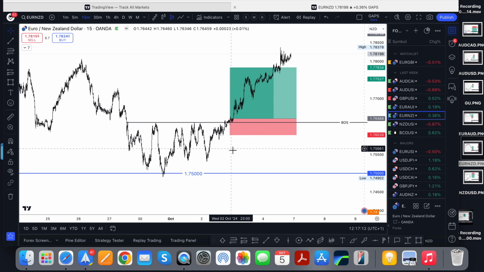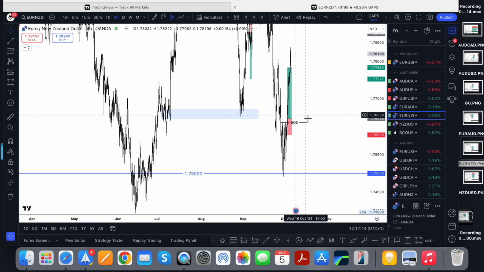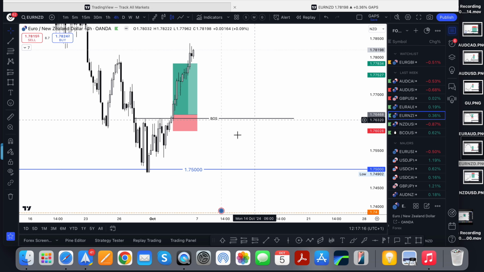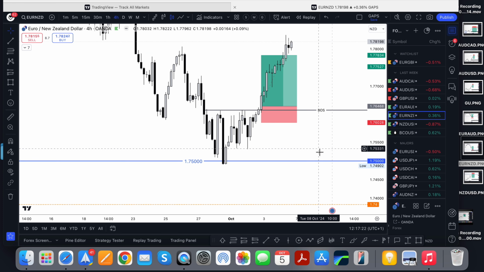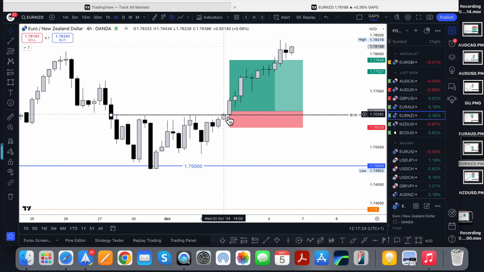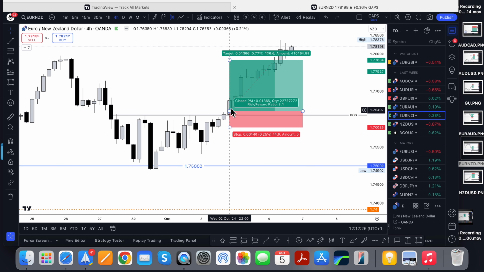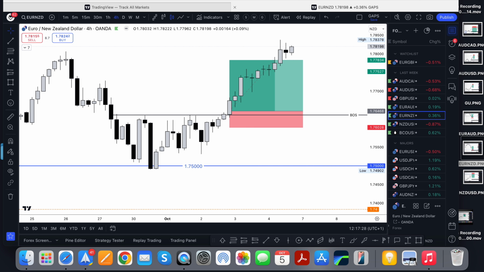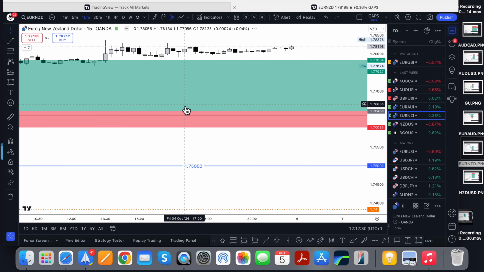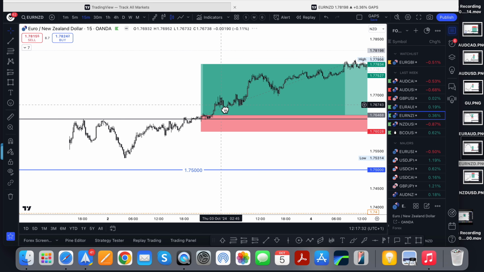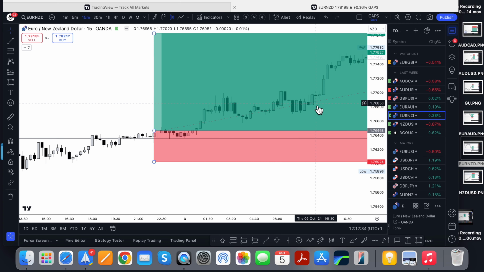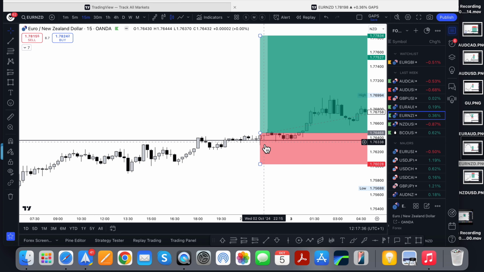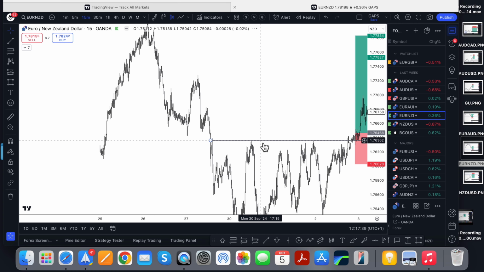But we were monitoring this trade, and what we've seen was it broke structure. So as you can see here, if we go to the 4 hour, it's creating a resistance zone here, a structural zone, and then it breaks right through it with momentum. You can see the big momentum candle there. So if I drop back down to the 15 minute, you can see this is the area where it broke the structure.